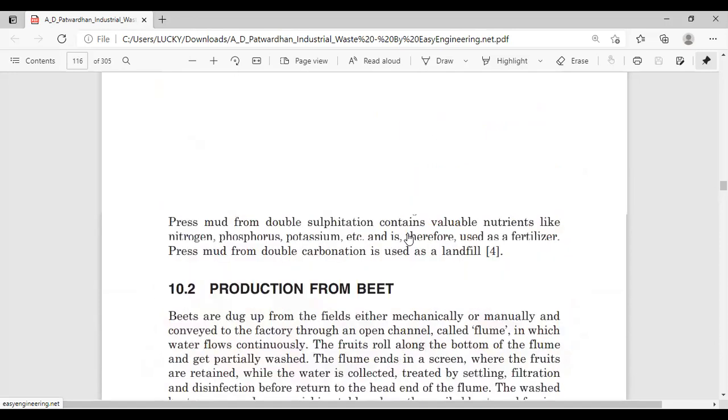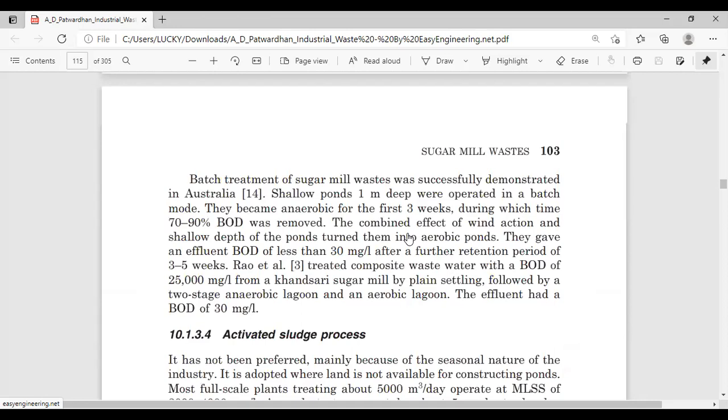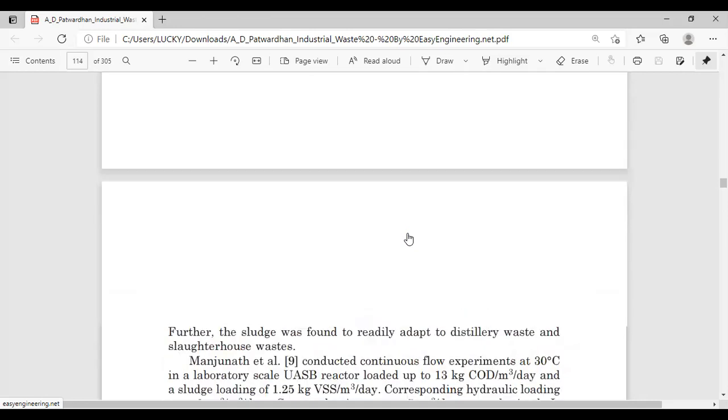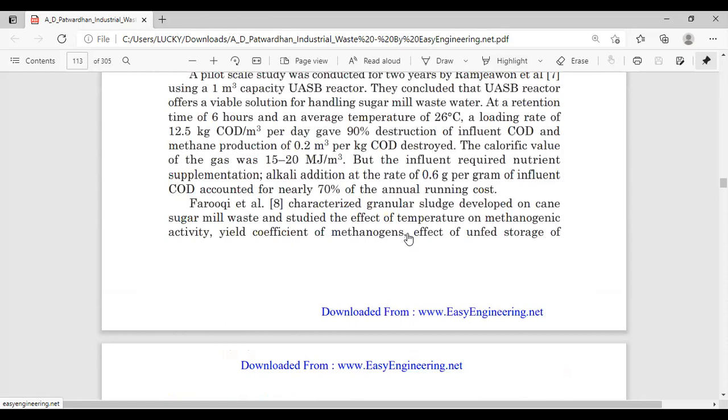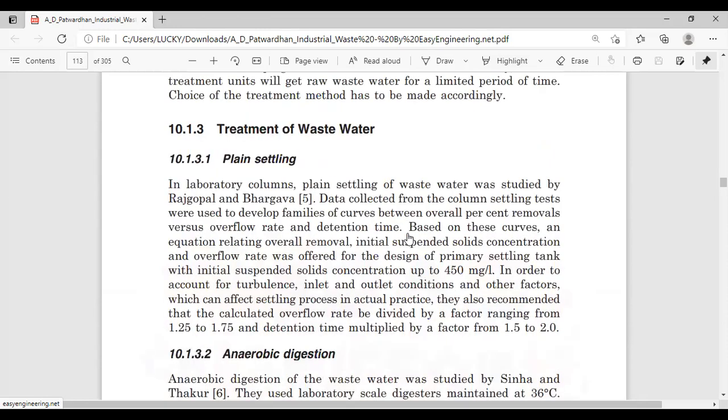These are the stages. Now, the first important one is plain settling.